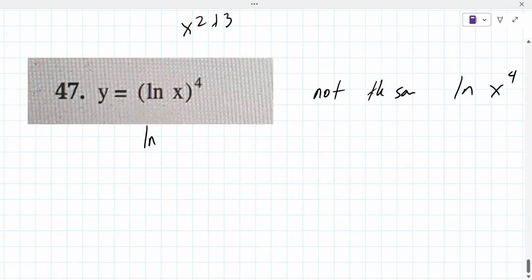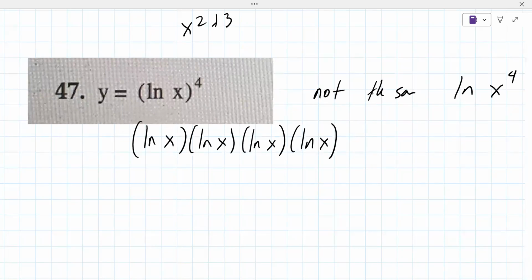The one on the left is actually natural log of x times natural log of x times natural log of x times natural log of x. In our rewrite, it's really u to the fourth where u is natural log of x. It's a chain rule problem where you take the derivative using the power rule and then multiply by the derivative of the inside function.